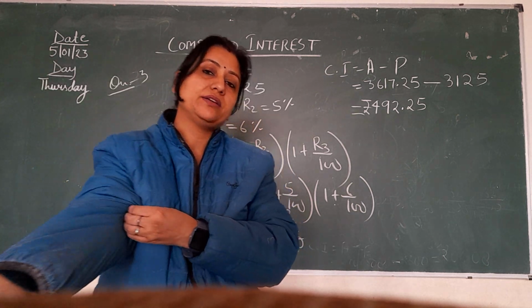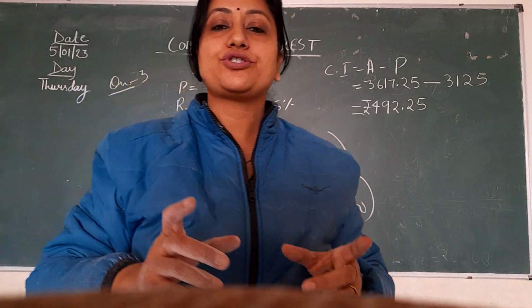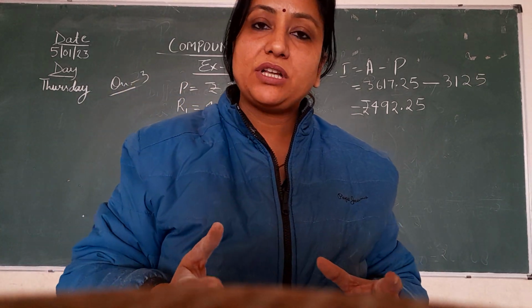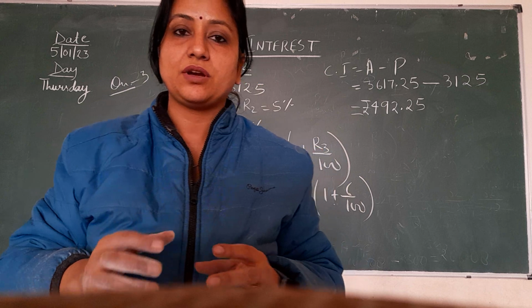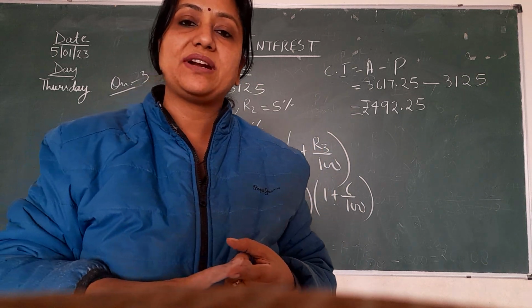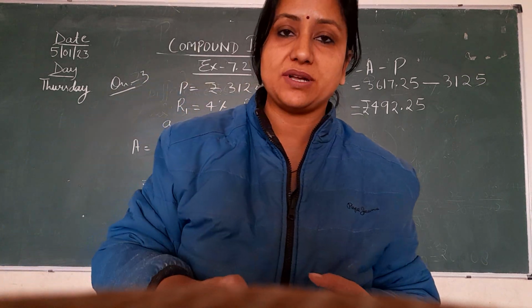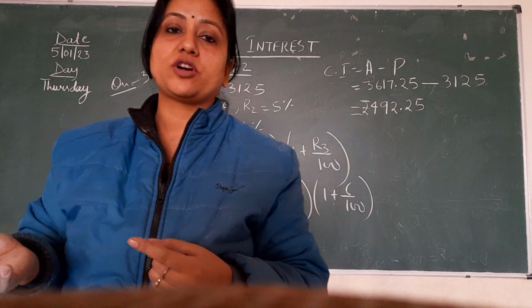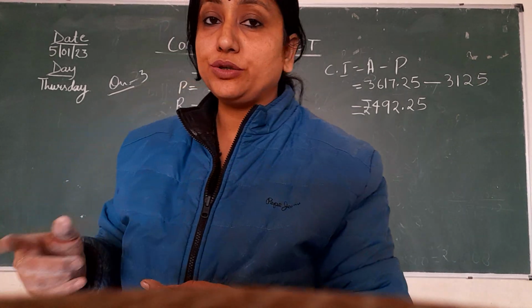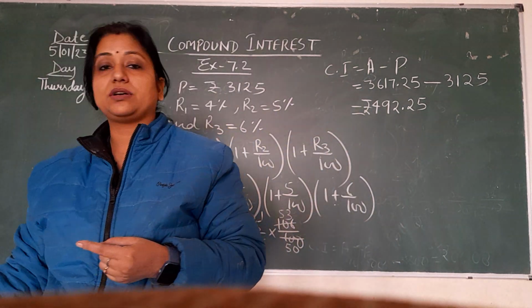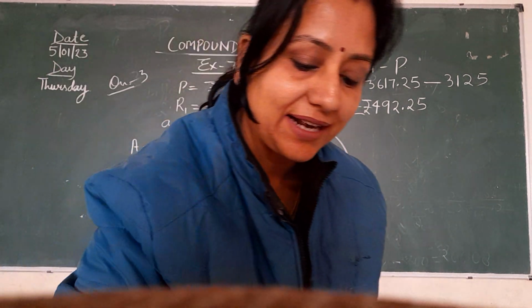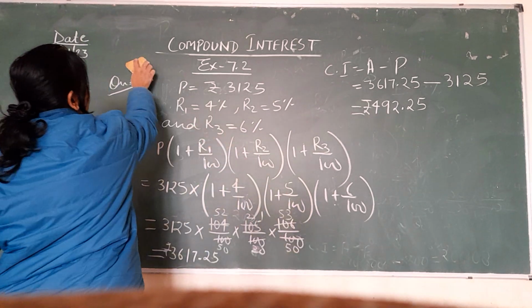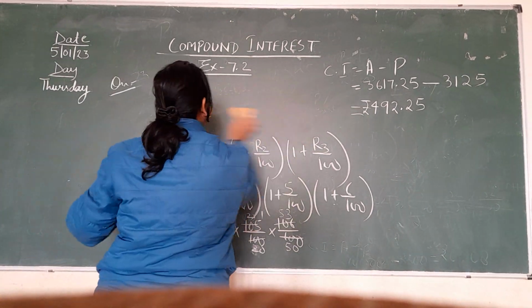Again, in this question you will find the compound interest yearly, but the time period is given as 2 years 4 months. For the whole 2 years we can use the formula, but what can we do for the 4 months? I'll write the formula on the board and you will try on your own.